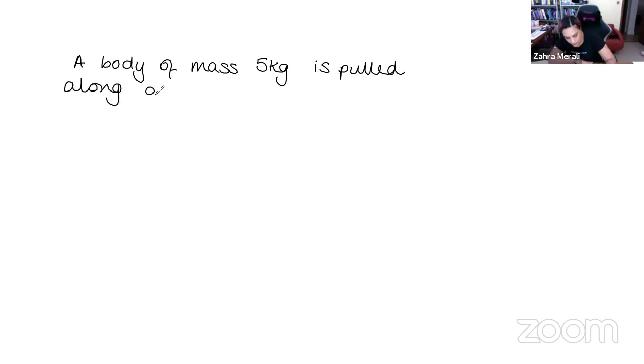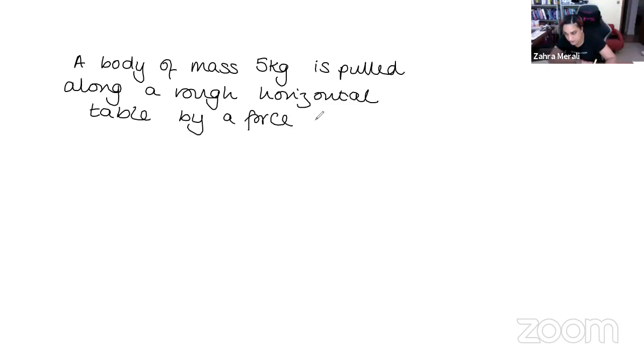So if you have a body, this comes from the Edexcel textbook. You've got a body of mass 5 kilograms pulled along a rough horizontal table by a force of 20 newtons.